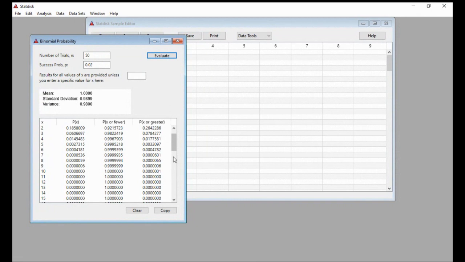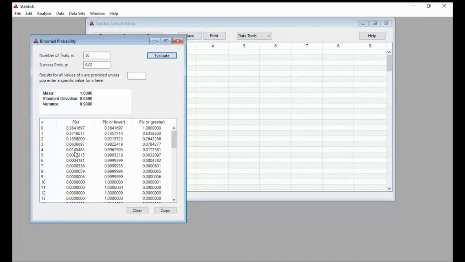Actually, you check the distribution: you may have zero defective in 36% of the cases, 37% of one, almost 19% for two defective, 6% for three defective.